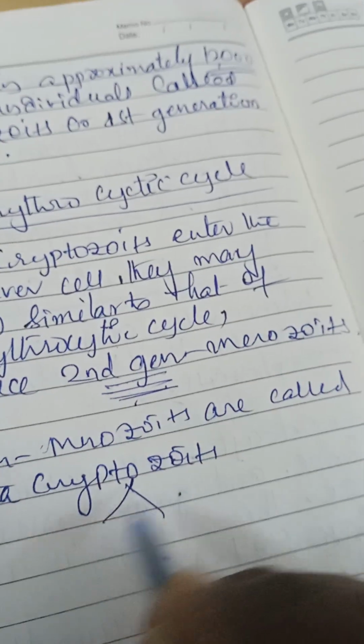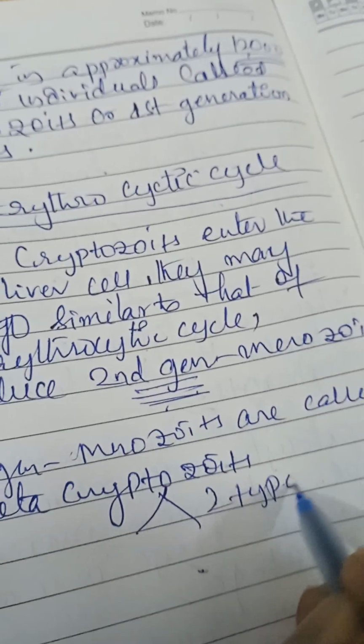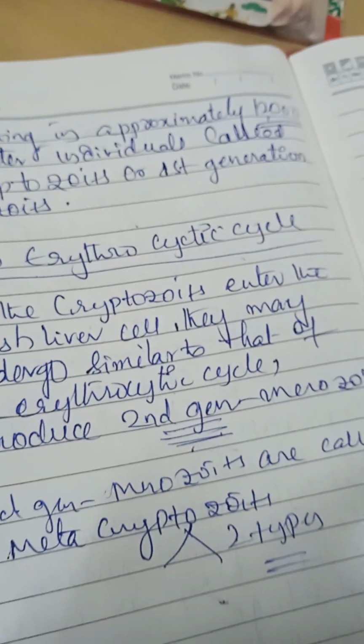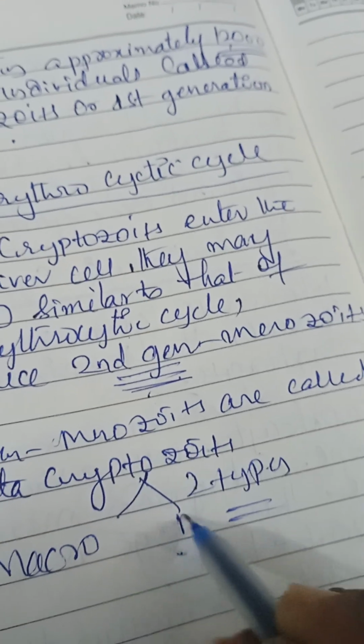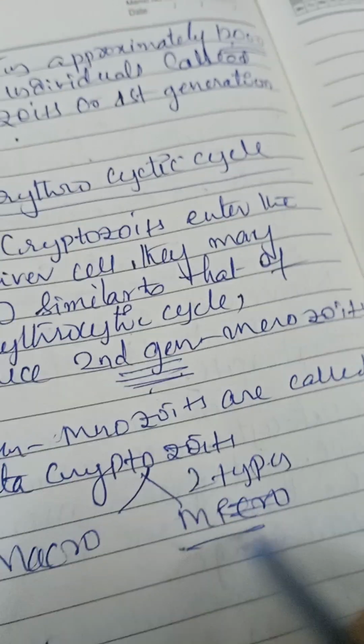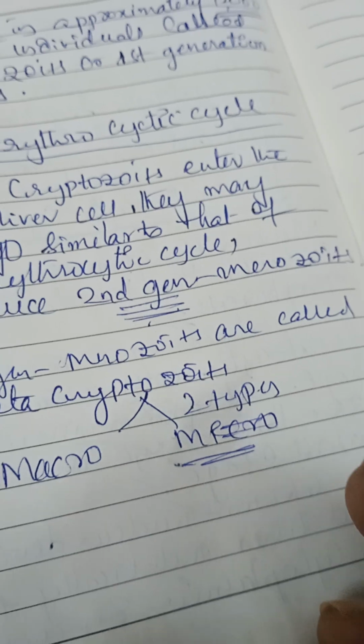These metacryptozoites are of two types. How many types are there? Two types. One is the macrometacryptozoite and the other is the micrometacryptozoite.